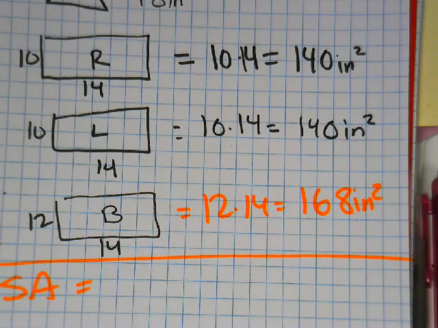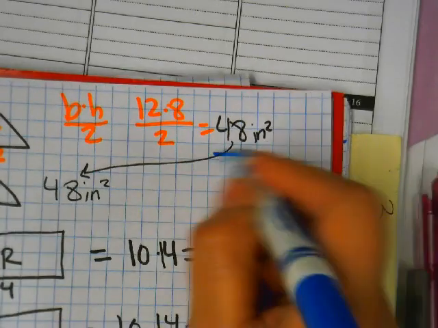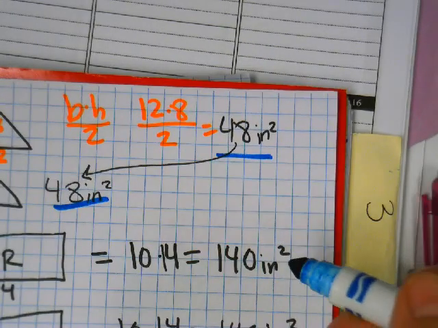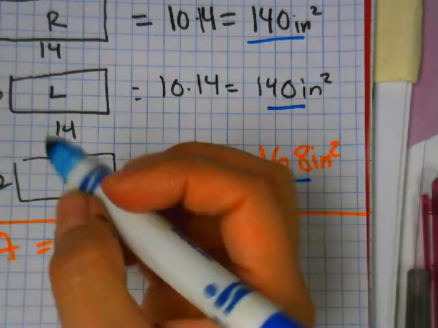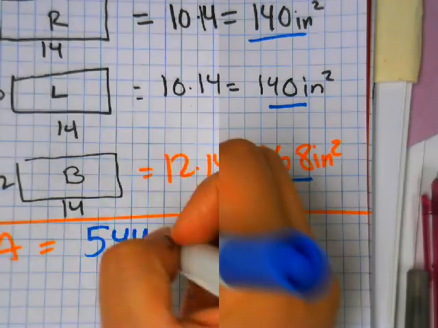I got 496. No, 544. I forgot a number. Did you add 48 and 48, the two triangles? 48, 48, 140, 140, 196. 544 inches squared.